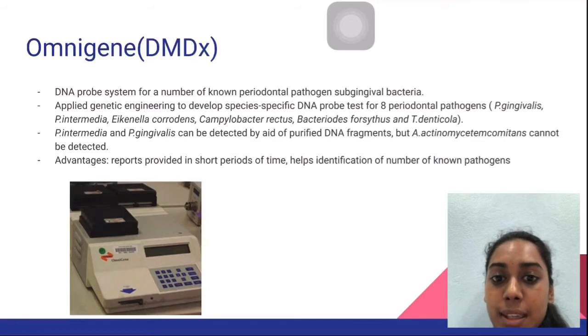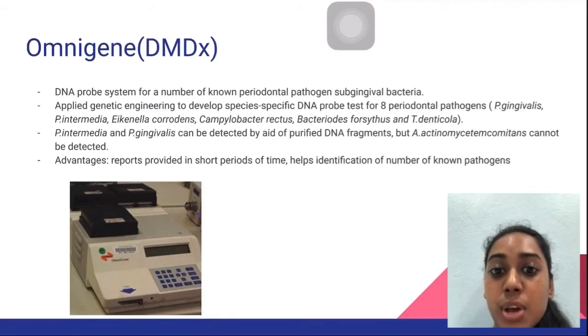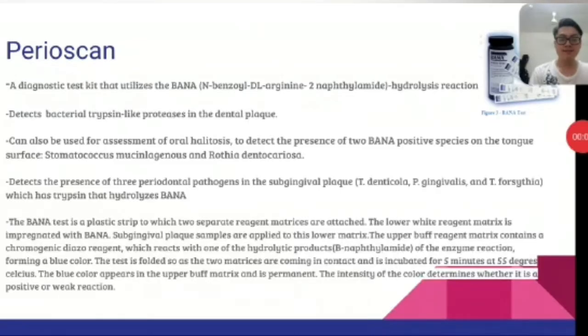P. intermedia and P. gingivalis can be detected by the aid of purified DNA fragments, but A. actinomycetemcomitans cannot be detected by this procedure. The advantage of this test is that reports are provided in a short period of time and it helps identification of a number of known pathogens. Now, I'm going to talk about PerioScan.